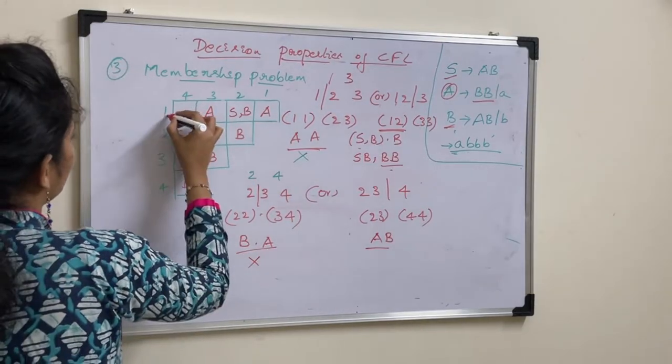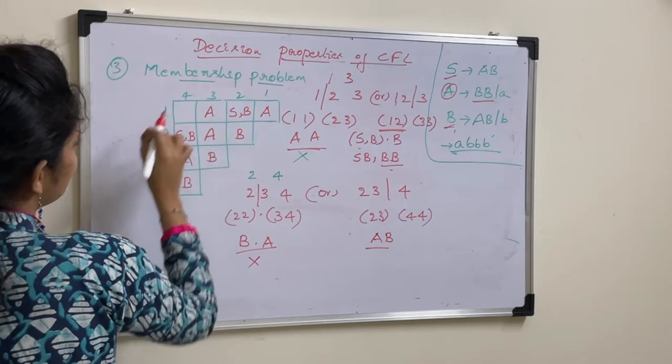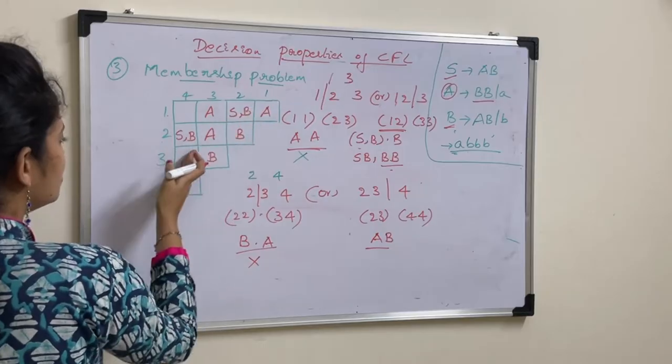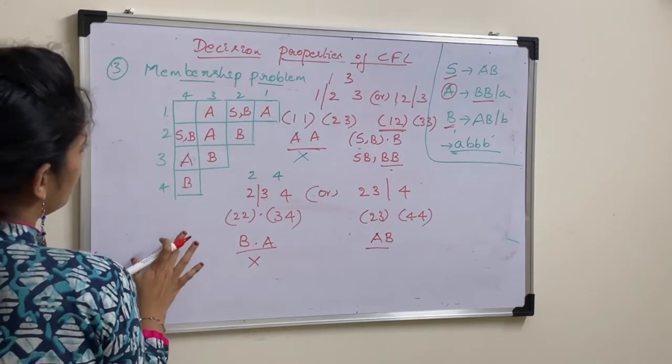Fine. Now we have only a single cell, that is 1 4. 1 length strings, 2 length and 3 length strings are all over.